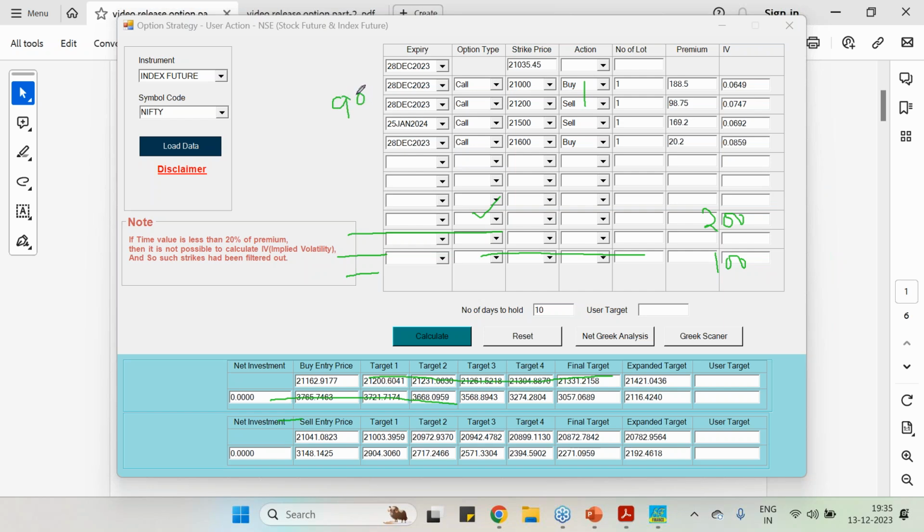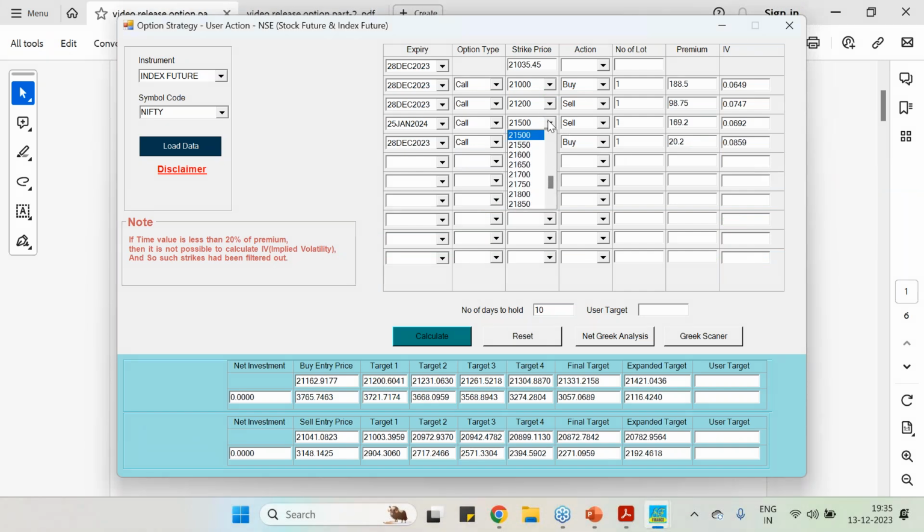I should sell a higher strike call option of January, and also to hedge it I will buy another, so that the depth should be 100. Here the depth is 200, so there the depth should be 100 and I should not get more than 150%. So 90 plus another 45% means 135. More than 135 I should not get as credit. So I sold at 169, bought at 20, so I am getting 149, which is more. So this is also not a correct strike.